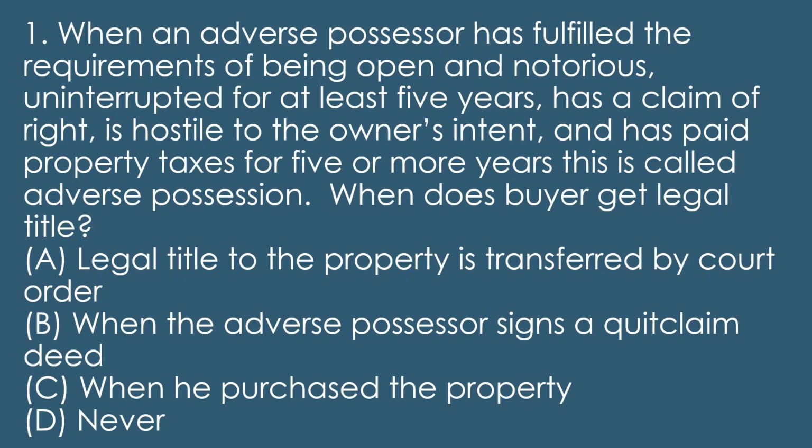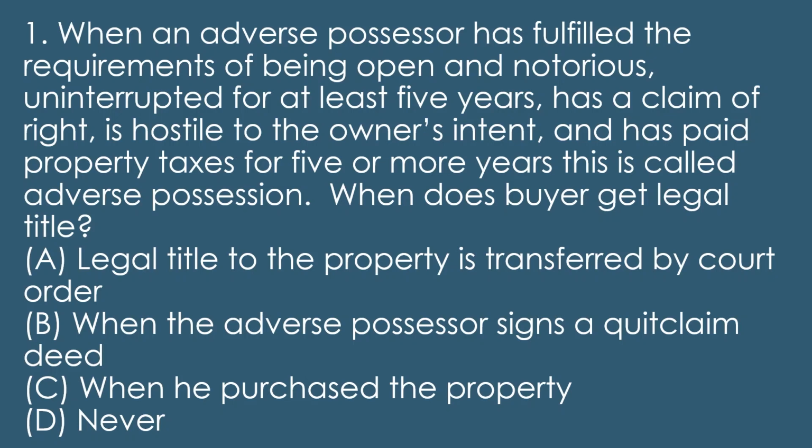It's uninterrupted, continuous use for at least 5 years, it's been going on longer than that. There's a claim of right. There's a reason why you're using that, because you've been mowing that part of the lawn and you think you actually own it. In fact, the fence line is over so that it is on your neighbor's lot, and so yours looks a little bit wider than what it really is.